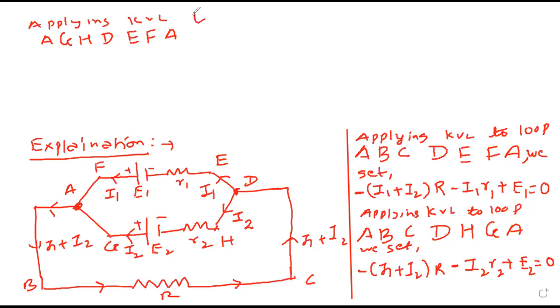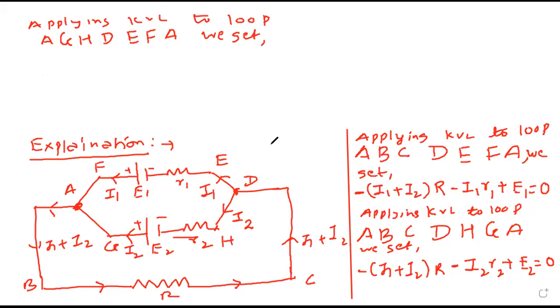Now third one, applying Kirchhoff's voltage law to loop A, G, H, D, E, F, A. First I am applying to the circuit, then the battery I will see later. A to G, no drop. G to H, what is the drop across resistance?